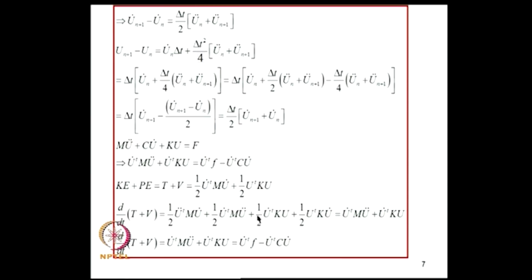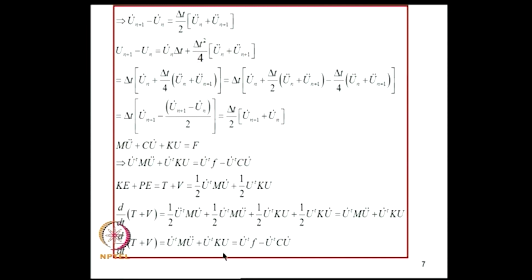Now, u dot transpose K u is a scalar quantity, so is u transpose K u dot. u is n cross 1, K is n cross n, and K u is n cross 1, so u transpose K u will be 1 cross 1, a scalar quantity. So, we can replace u dot transpose K u by its transpose. In other words, these two can be added and these two can be added, and we can write in this form. So, the time variation of total energy is given by this.